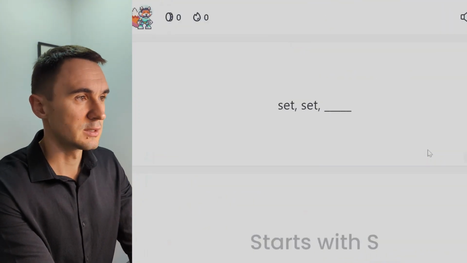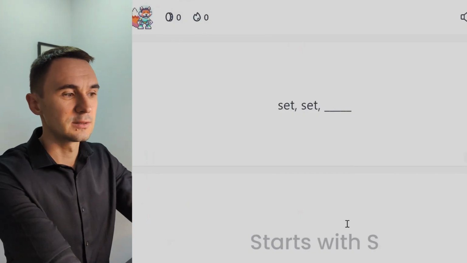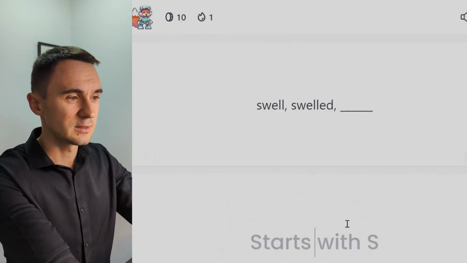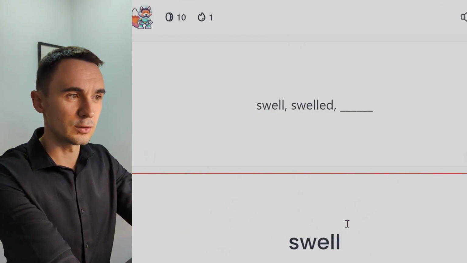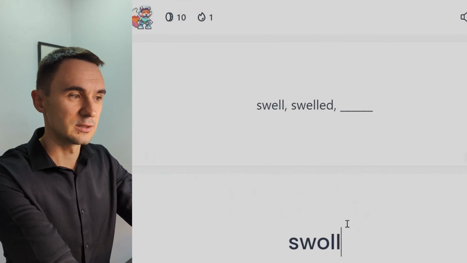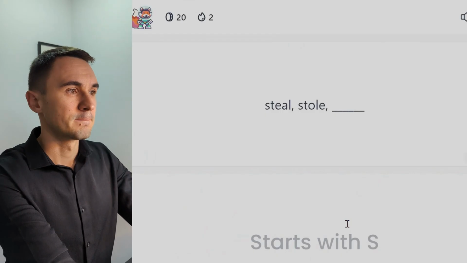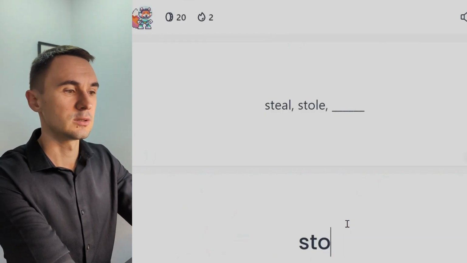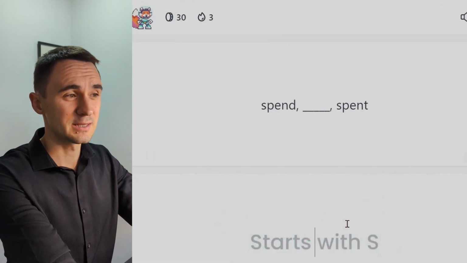Let's do it. So, yeah, again, swell, swelled. It's either swelled or swollen. Yeah, swollen. Okay, swell, swelled, swollen. Steal, stole, stolen. Spend.